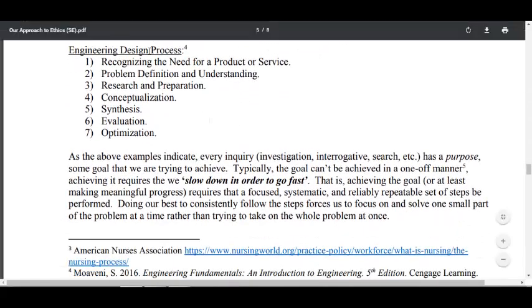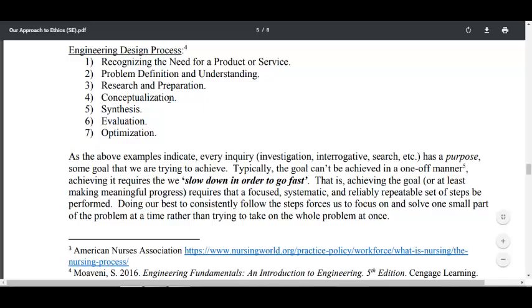Engineering design process. This is definitely oversimplified, but I've given you a footnote to the book that I pulled these seven words from. This process varies somewhat across fields in engineering, but this tends to be the big layout. There are many, many sub-steps, just like you saw with the Code of Ethics of Engineering. There's lots.